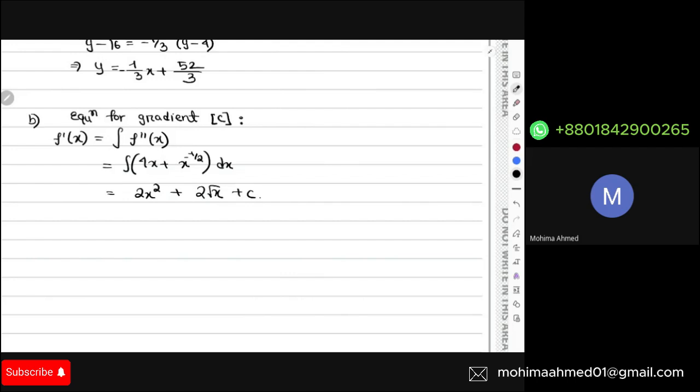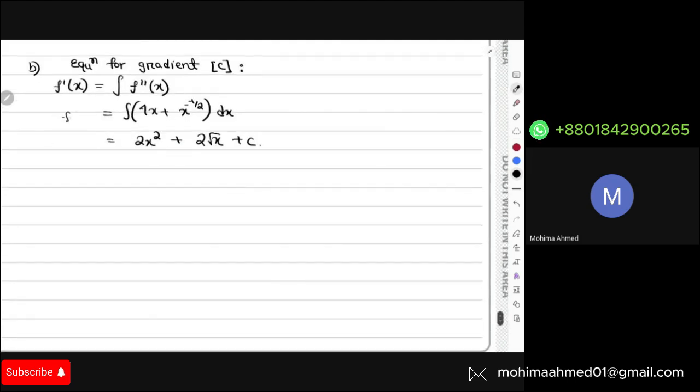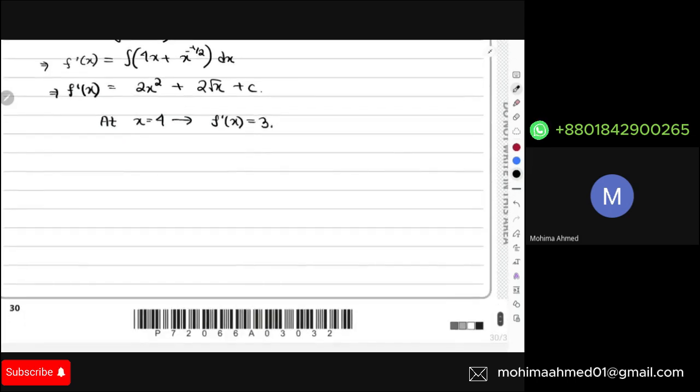So for this c, I can find out, this is the equation for your f'(x). And I already know that the value for f'(x) was 3 when x is equal to 4, right? Because we know this from the tangent and coordinate of P.